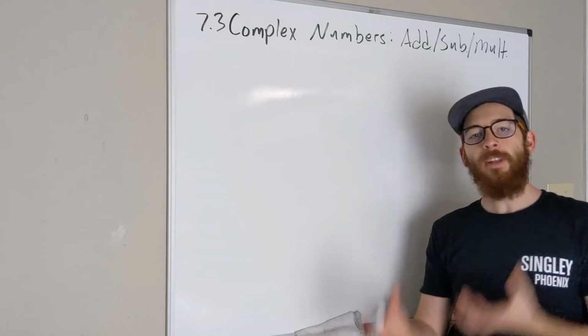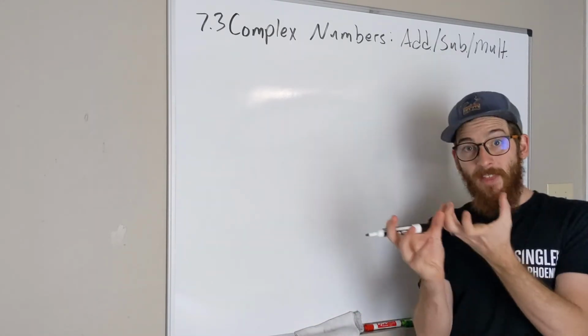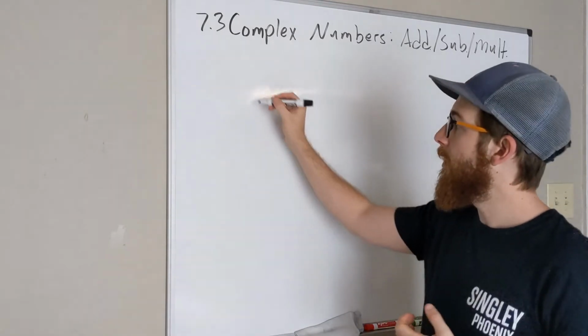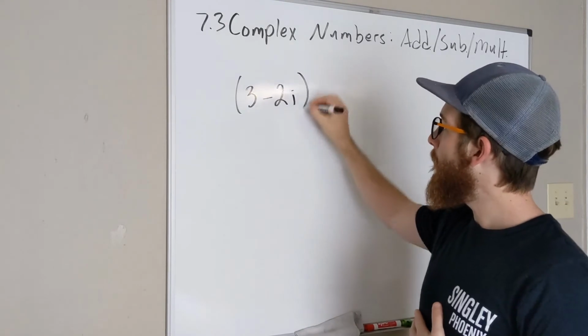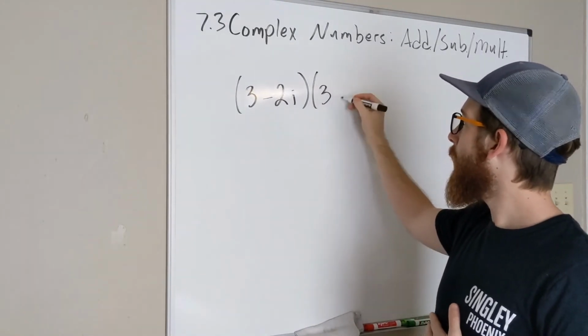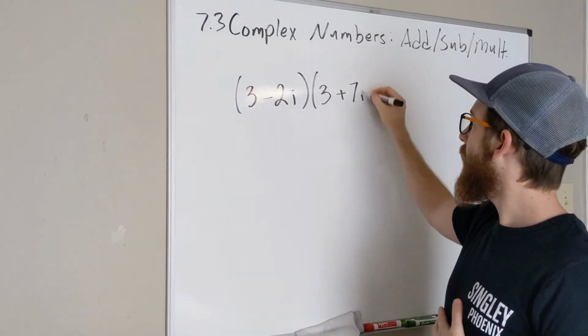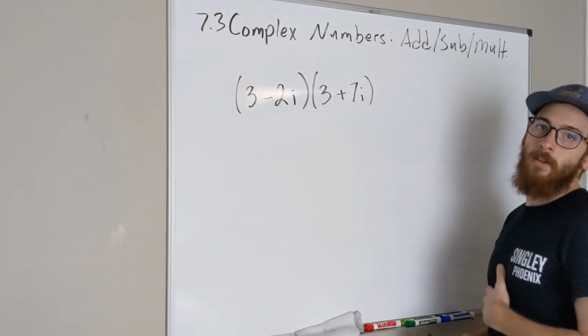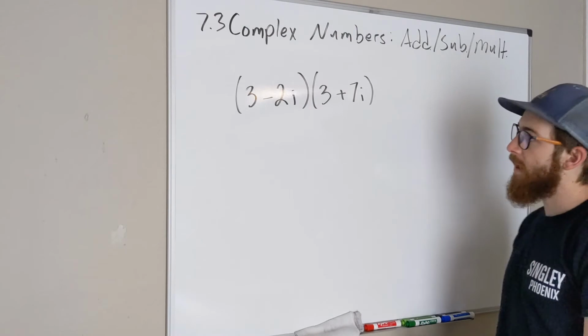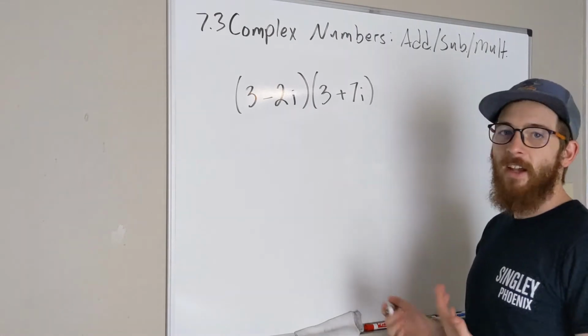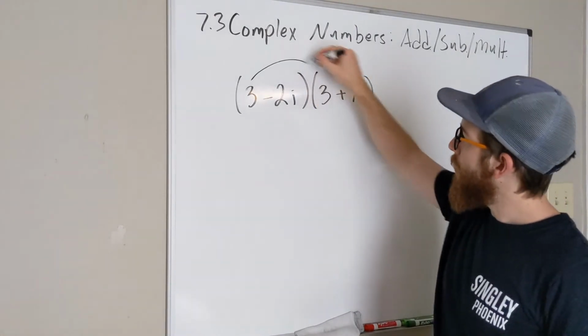So the same thing here, we did adding and subtracting. Now we're going to multiply those double pieces together. So something like 3 minus 2i times 3 plus 7i. Okay, so I'm multiplying two complex numbers together. Well, it's the same. I still have to do double distribution.